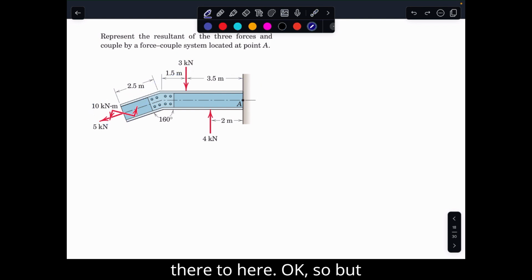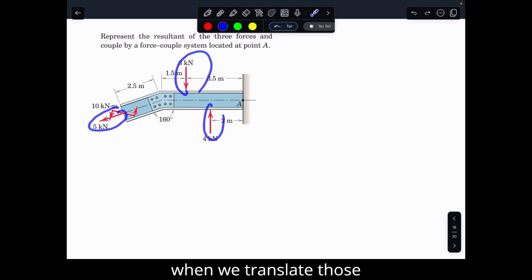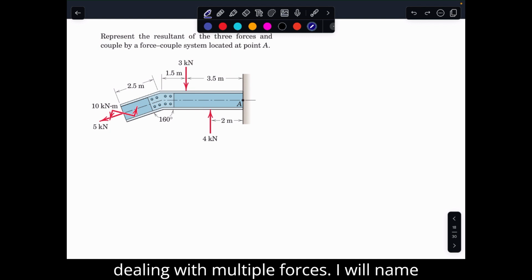Now we know that the hard part of this question is to find the moment generated by these three forces when we translate those forces to point A. So we are dealing with multiple forces.